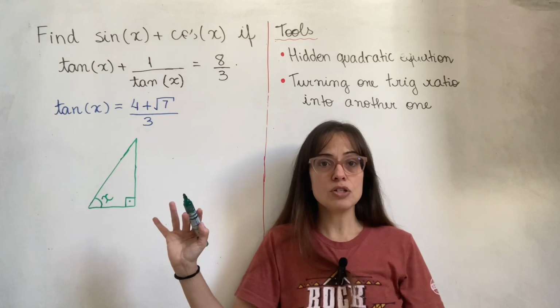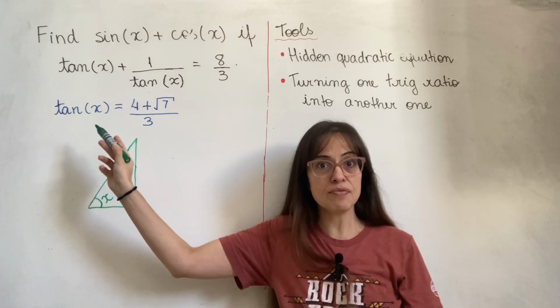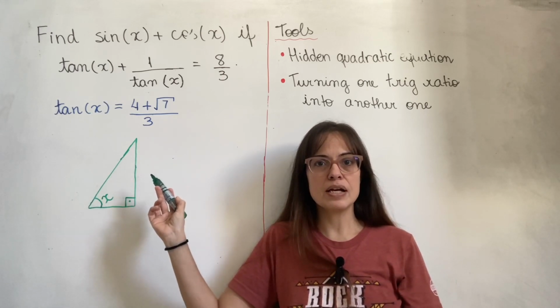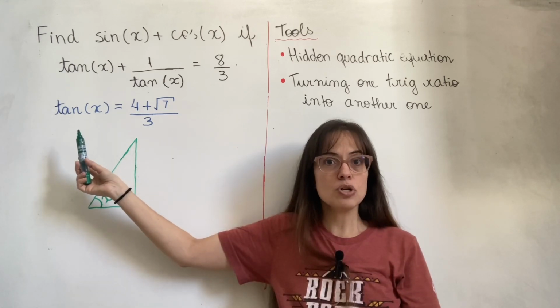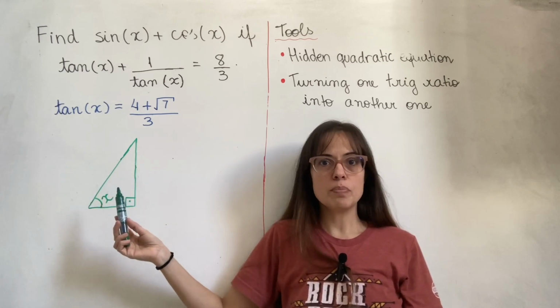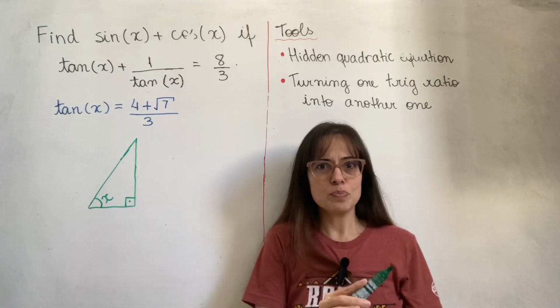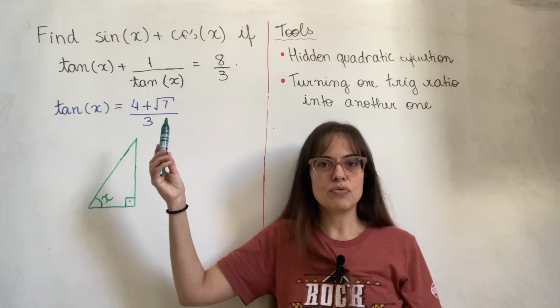So the next thing that you're going to do is to take the ratio that you currently have, which in our case is the tangent, which is the opposite leg divided by the adjacent leg. If we had a different one of the ratios, then we would be talking about a different pair of sides of this triangle, but there would always be two. And sometimes the number that you have here is not going to be a fraction like this.